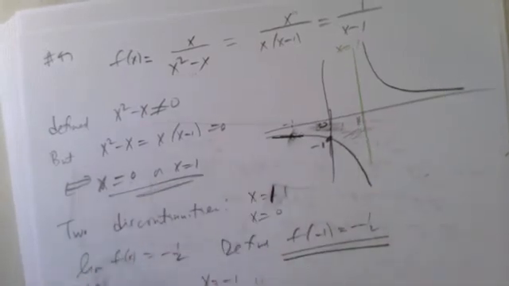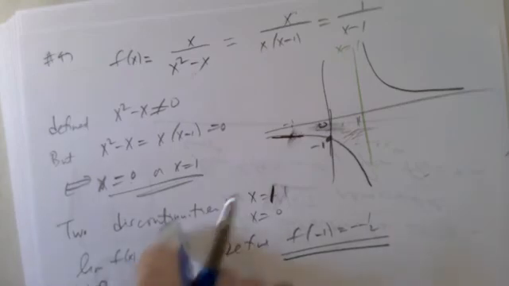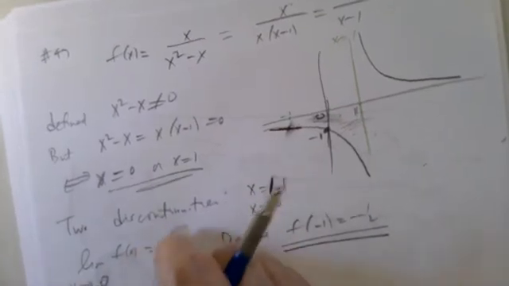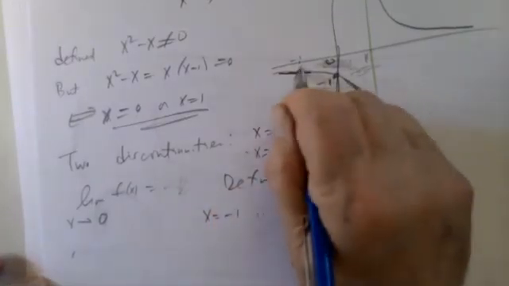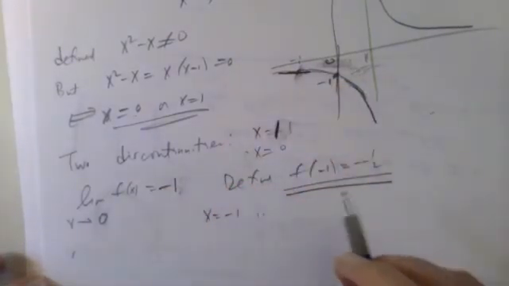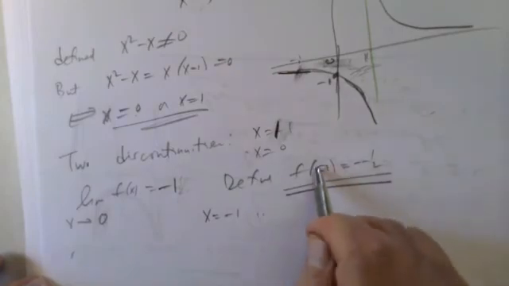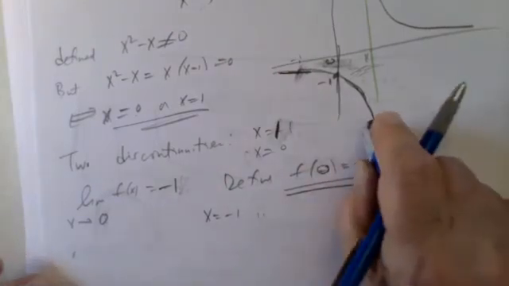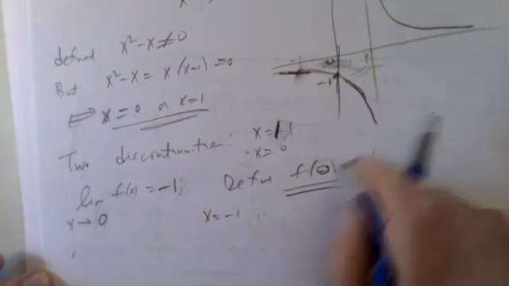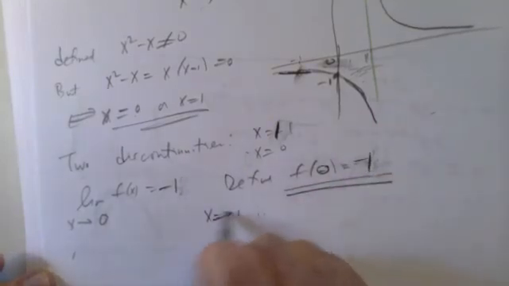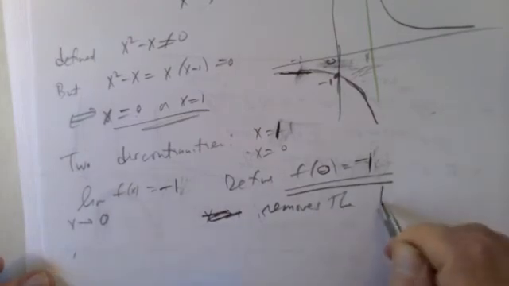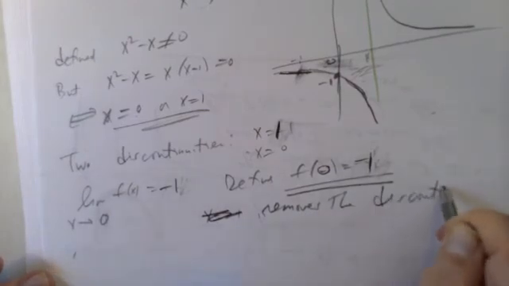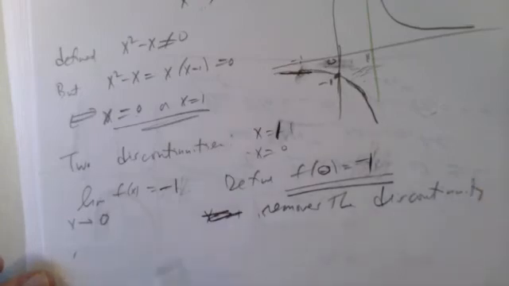Now, if I take the limit as x goes to 0 of this function, it's minus 1. So if I were to define f of 0 to be equal to minus 1, this removes the discontinuity.